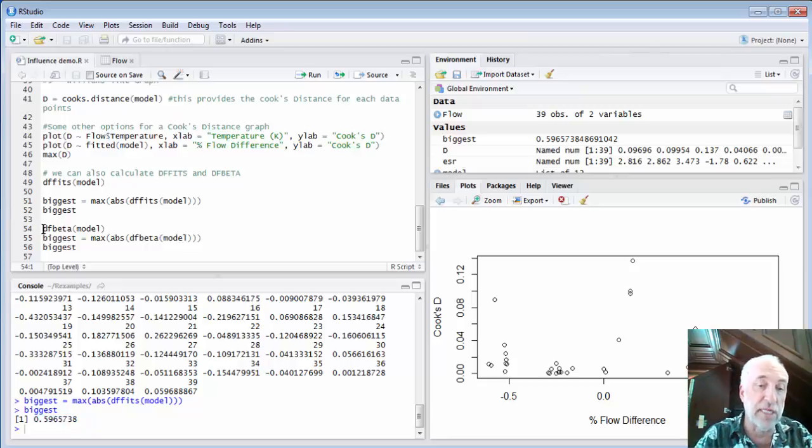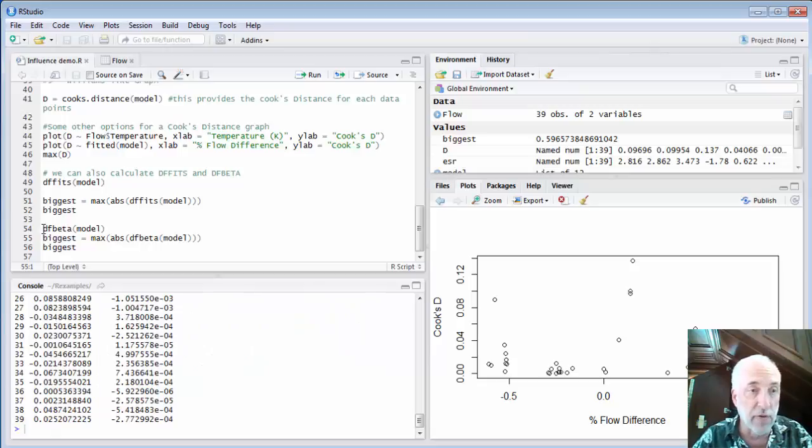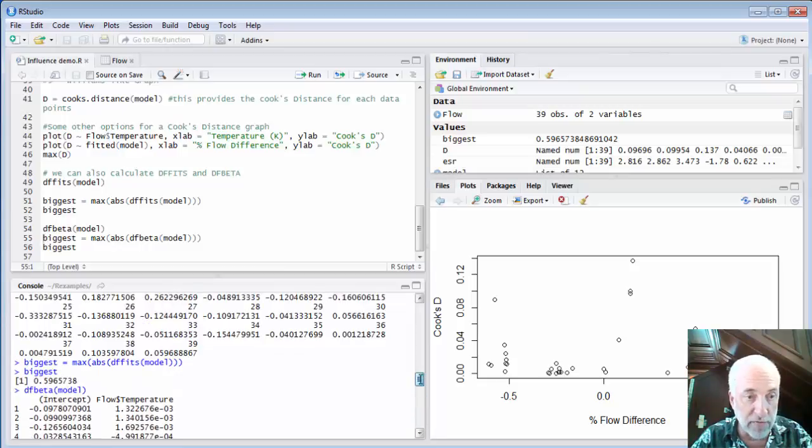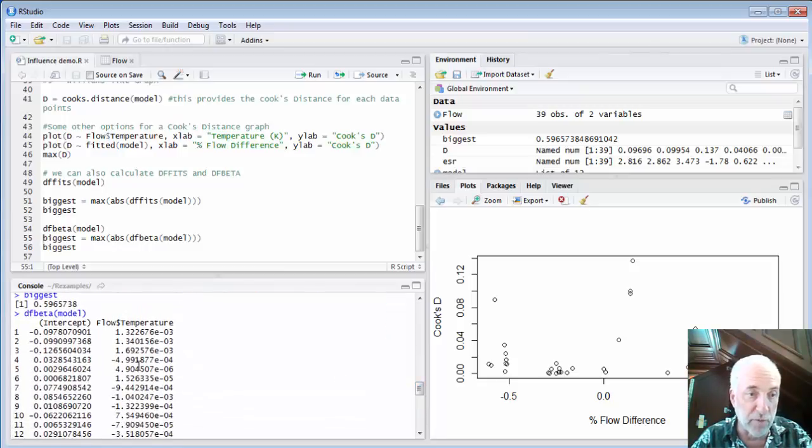I might be more interested in how data points affect the parameters of the model. So if I run dfbeta of the model, I get an array of all the DFBETA values for every data point, for both the intercept and the slope. And then I can ask, well, what's the biggest one?